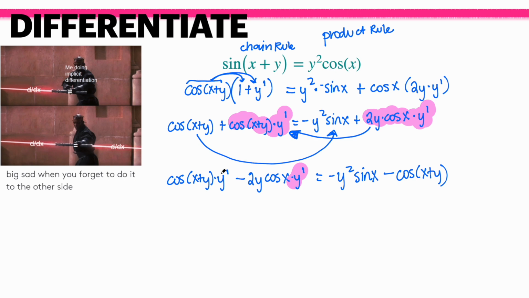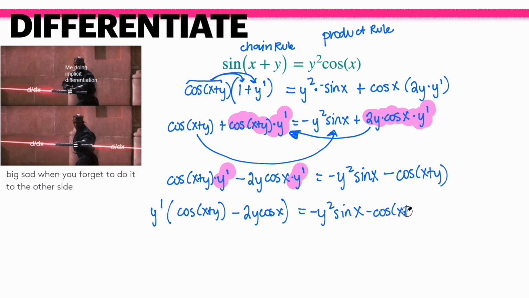Okay, y prime, they're on the same side. I can now factor them out. So I'll be left with cosine of x plus y minus 2y cosine x equals this. And now solve by dividing by the parentheses.